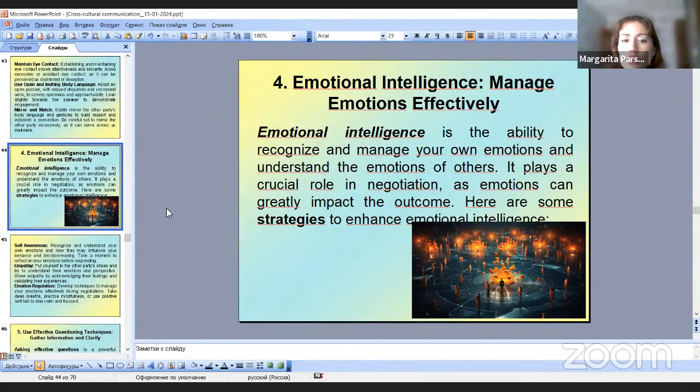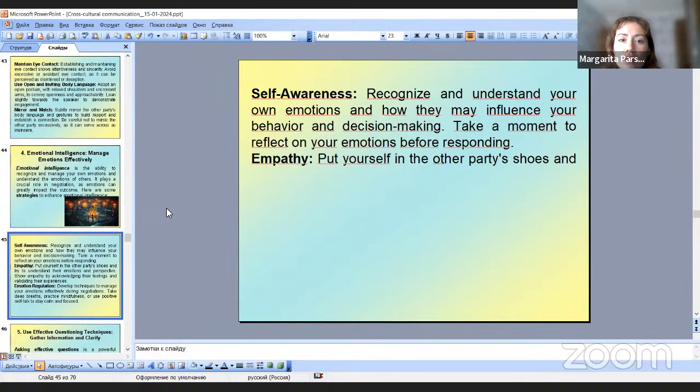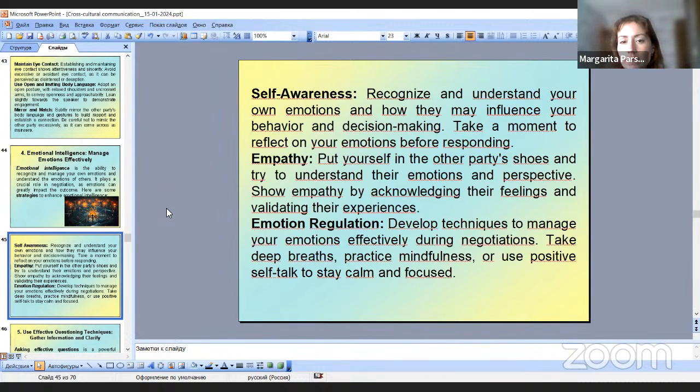Some strategies to enhance emotional intelligence. Self-awareness: recognizing and understanding your own emotions and how they influence the behavior and decision making of other persons and your own decision making.